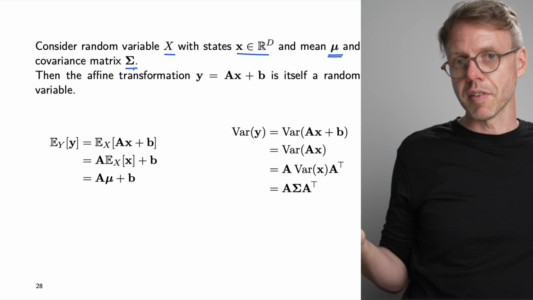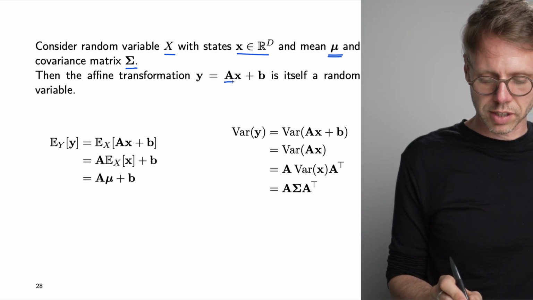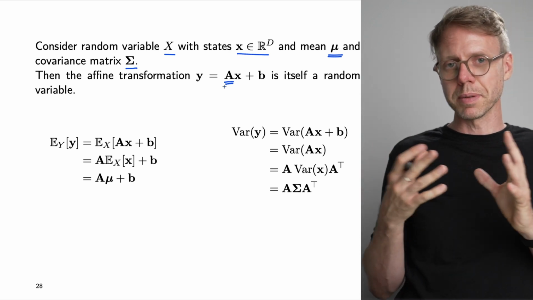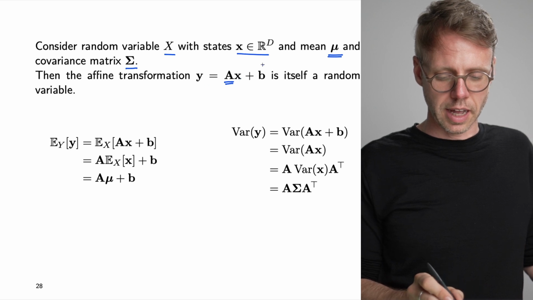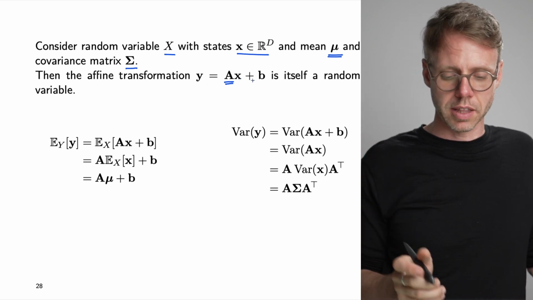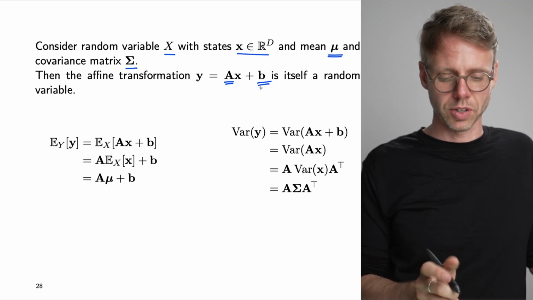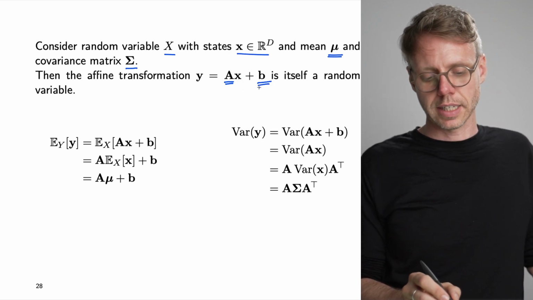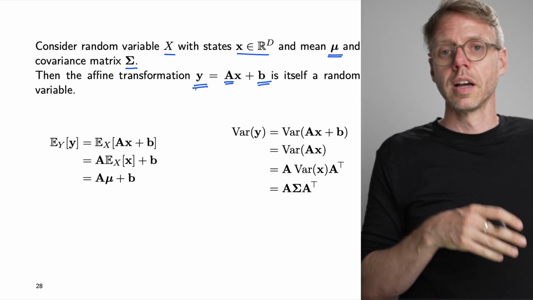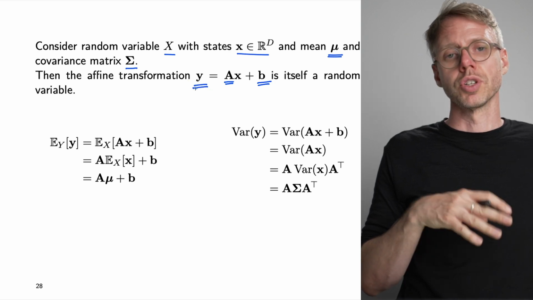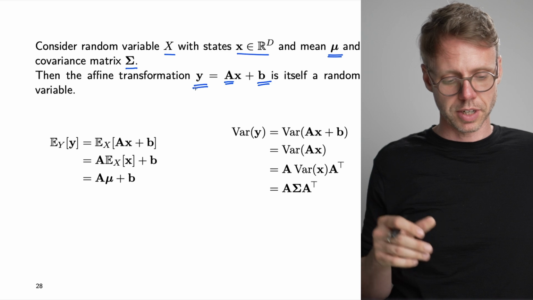And if we apply an affine transformation, remember, an affine transformation is first applying a linear transformation, so multiplying a matrix A to x, and then adding another vector b to this linear transformation. So if we add something to linear, it's affine, resulting in the vector y. It's a deterministic function of x, a linear or affine transformation of x.